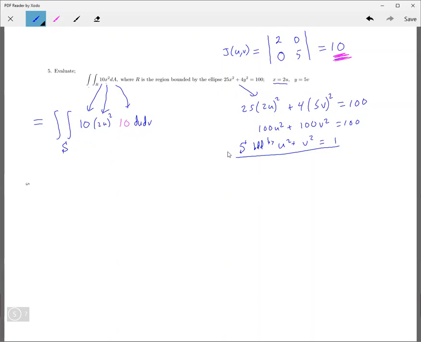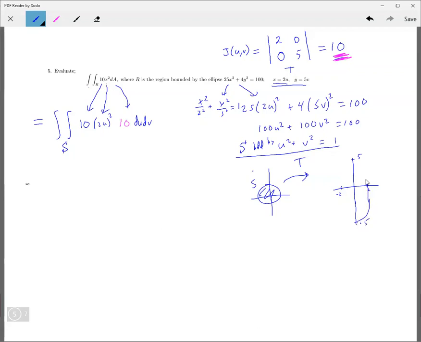Essentially, a quick picture of this would be, here's your circle right here, and this is your S region, and this transformation maps that circle to this ellipse right here, which is x squared over 2 squared plus y squared over 5 squared equals 1. So in the x direction, it's going to go out 2, and then it's going to go 5 in the y direction, like that.